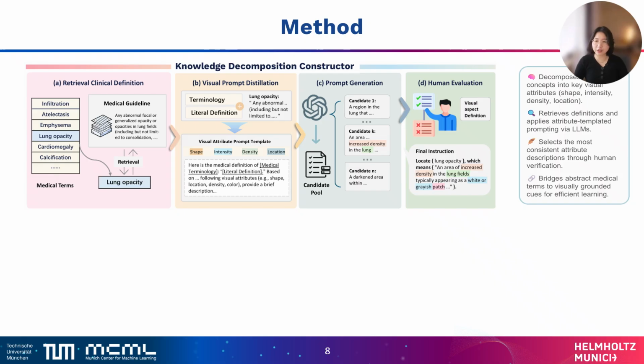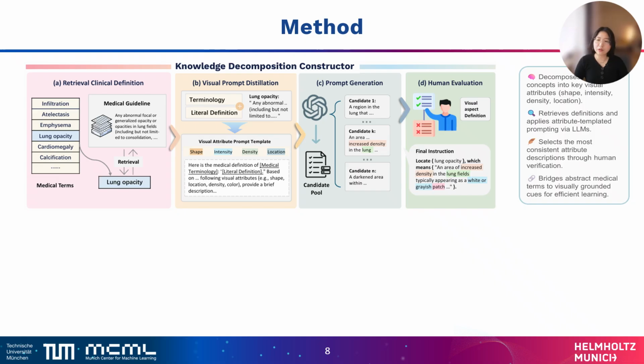First is the knowledge decomposition constructor, which turns medical terms into visually grounded supervision. In the first stage, we start from medical terms, for example, lung opacity, and retrieve its clinical definition from medical guidelines. These definitions are usually long and contain many concepts that are not directly related to visual clues.